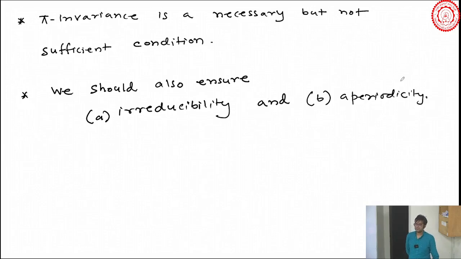It's okay. We should also satisfy irreducibility and aperiodicity. Thank you. What is irreducibility? Irreducibility means starting from any state, you should be able to go to any other state with a finite probability. No matter where I start from in this room, I should be able to go to each and every corner of this room with some finite probability.